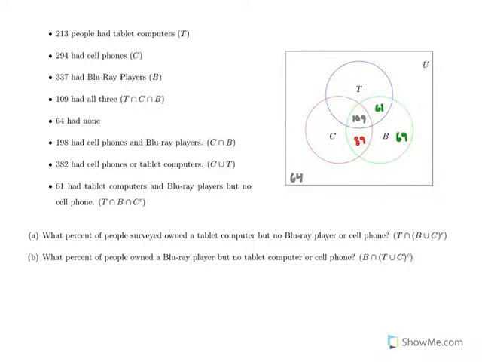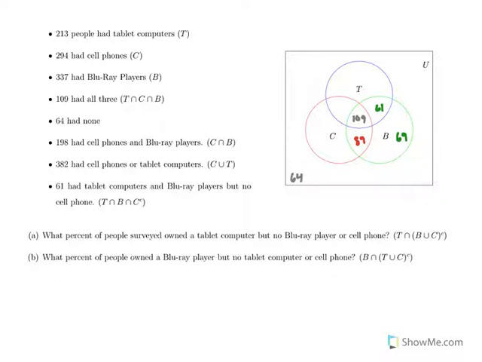Cell phone and Blu-ray players are C intersect B. Cell phones or tablets is C union T. We talk about 61 had tablets and Blu-ray players, but no cell phone. That is T intersect B and not C, so that is C complement. We'll talk about those when we get to the final answer. But let's fill in those last 3 circles real quick.